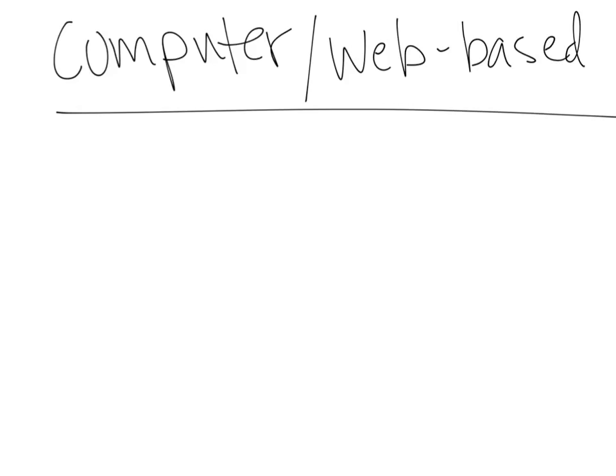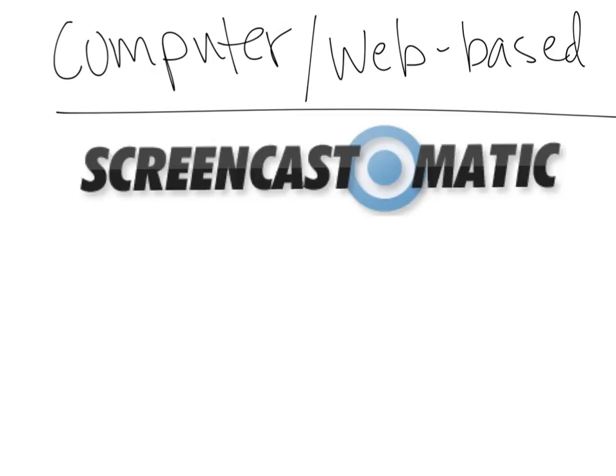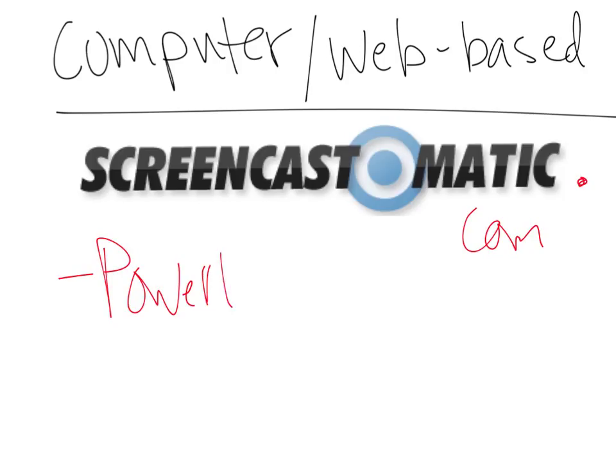Now, if you don't have an iPad, it's okay. You're not left out in the cold. We have a really solid computer, kind of web-based option for you. I recommend Screencast-O-Matic, which is just screencast-o-matic.com. You might have to download a new weird version of Java to make it run, but what it does is it turns whatever you're doing on your desktop into a video. So that's great if you just want to narrate your PowerPoints.